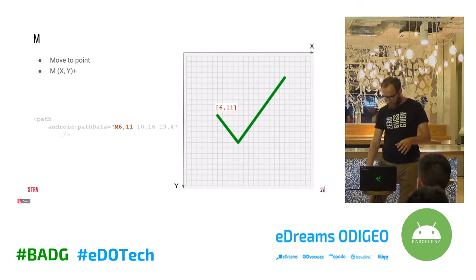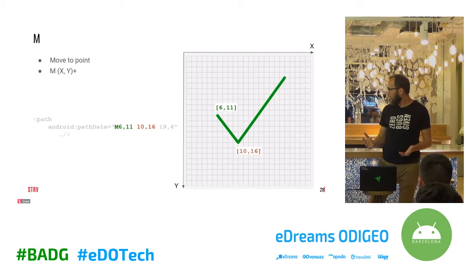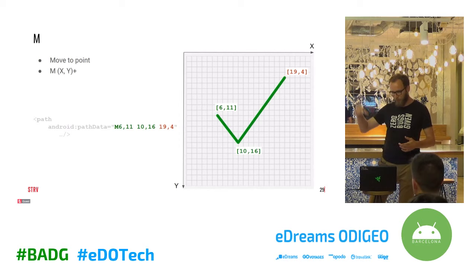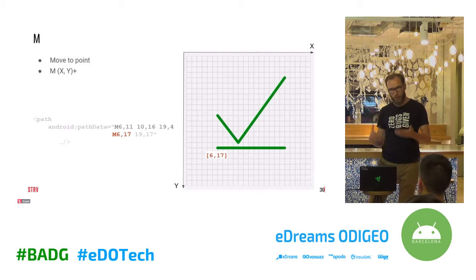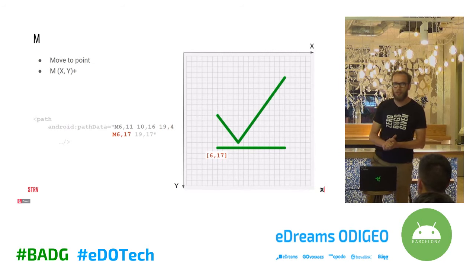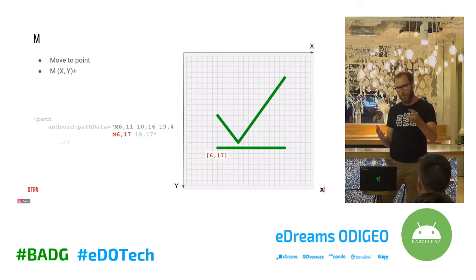And now what we do is move to another point, and this will draw a line, and we finish at this point. So this is an easy beginner starter way to understand moving from one point to another. Going forward, we can add another one, and here I can demonstrate what happens when you use the M command again.